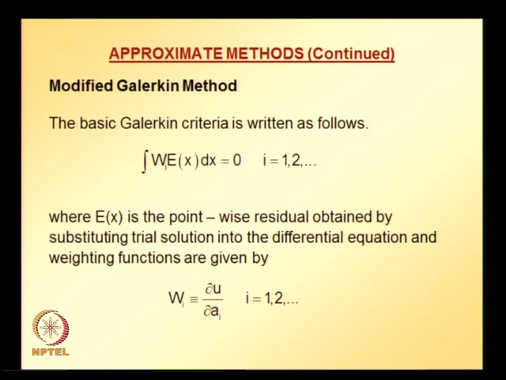And please, if you recall, the residual that we have seen in the boundary value problem involves the second derivative of the trial solution. So computation of residual requires differentiating the trial solution twice, or in some other case as many times as the order of the highest derivative in the boundary value problem.